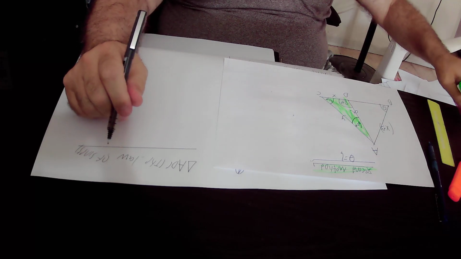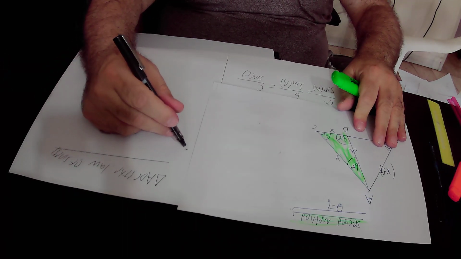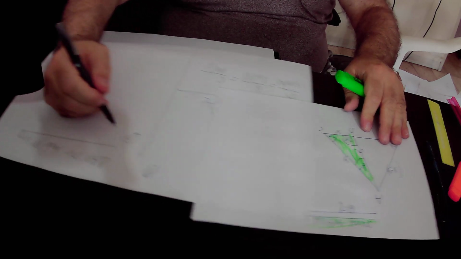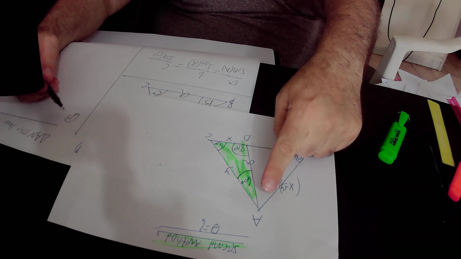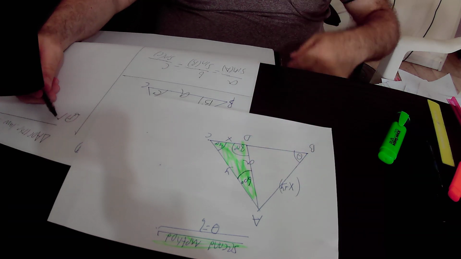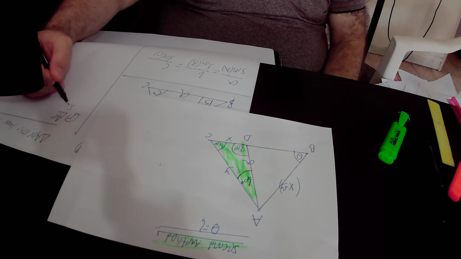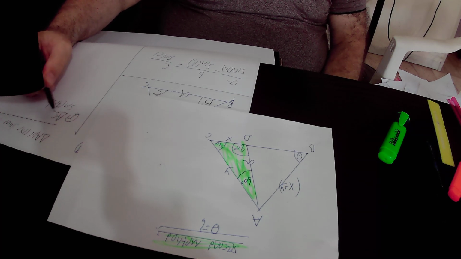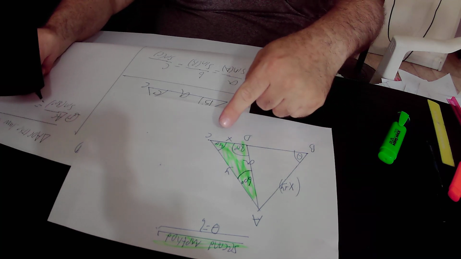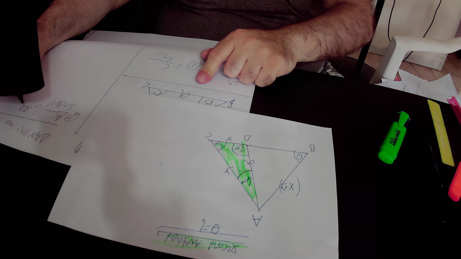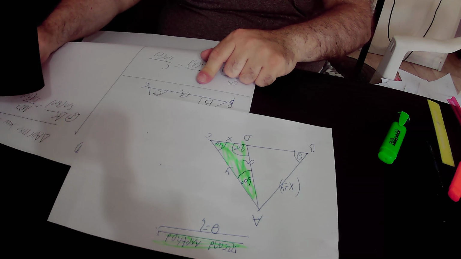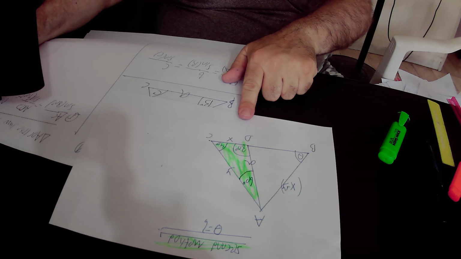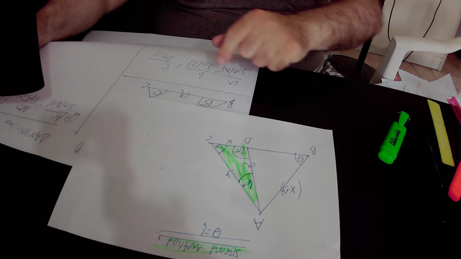So actually, in the green triangle, triangle ADC, according to the law of sines, we'll get that AC over sine 80 degrees equals AD over sine 40 degrees, and it is equal to DC over sine 60 degrees.